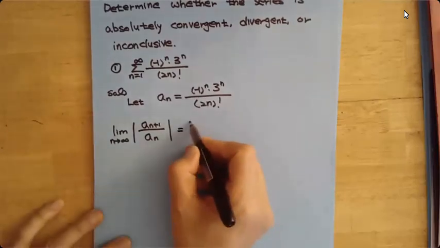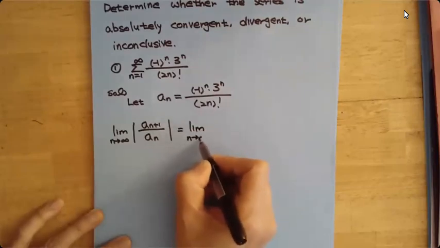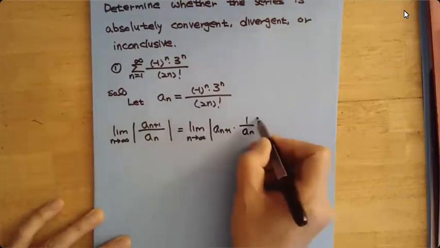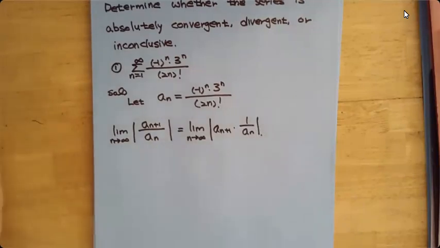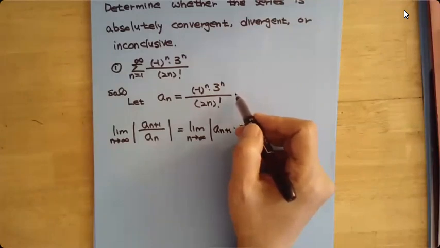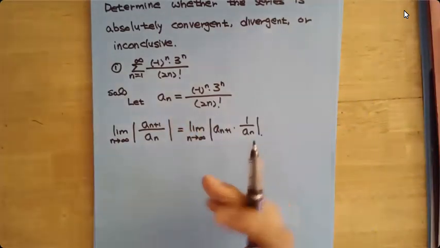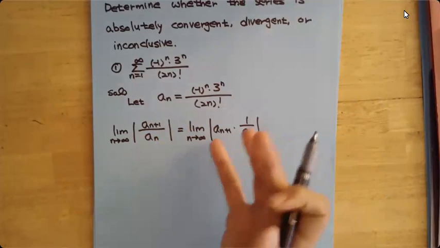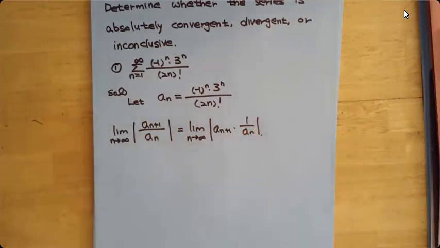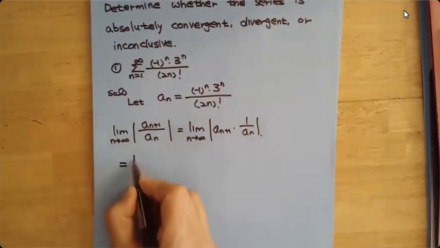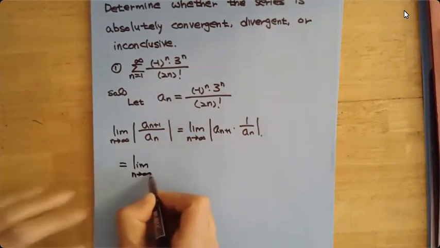This can be written as the limit of the absolute value of a_{n+1} times 1 over a_n. If you look at the given sequence, it is in fraction form. When we write this ratio as multiplication form, that is a lot easier to calculate.